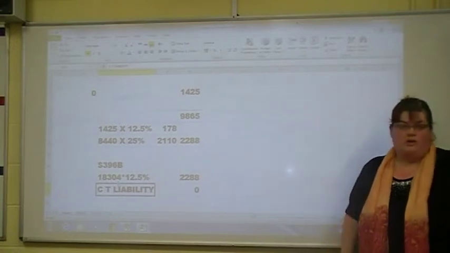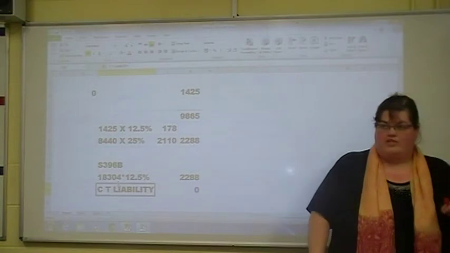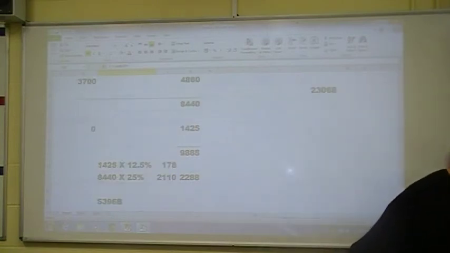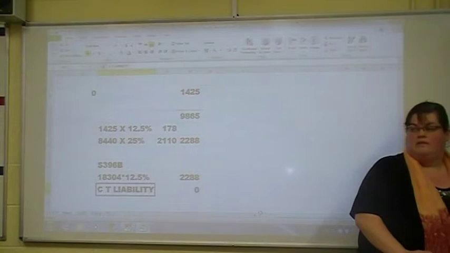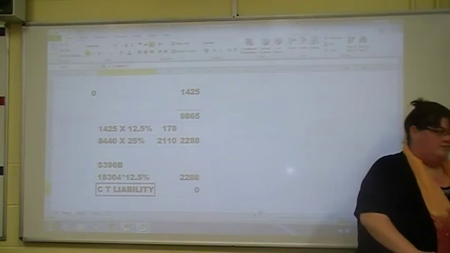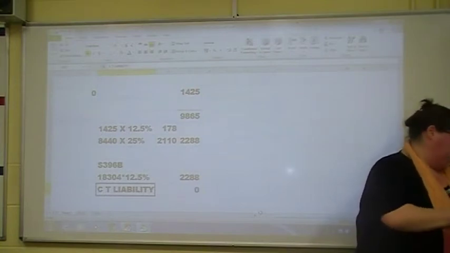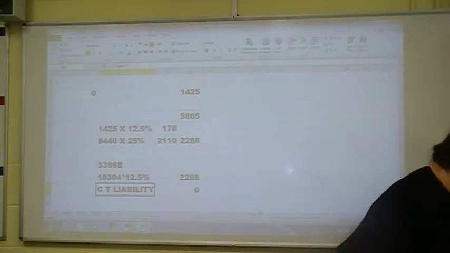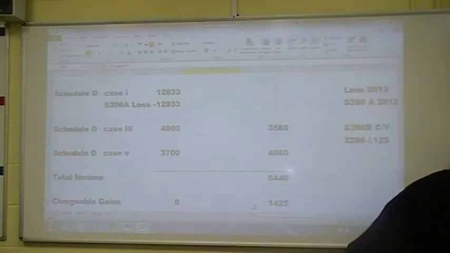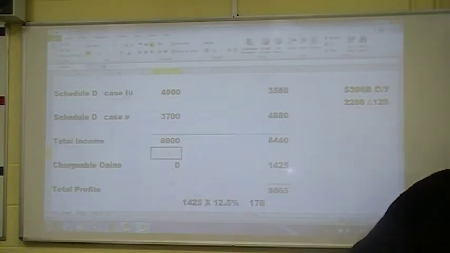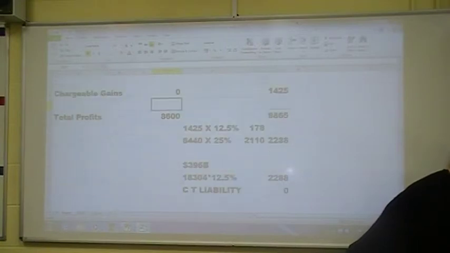So go back now to our prior year and calculate our corporation tax liability again as normal. Okay, so what we got in the previous year, we have 4,900 and 3,700, isn't it? Which gives us 8,600. Our total profits then are 8,600 because we have no chargeable gains.